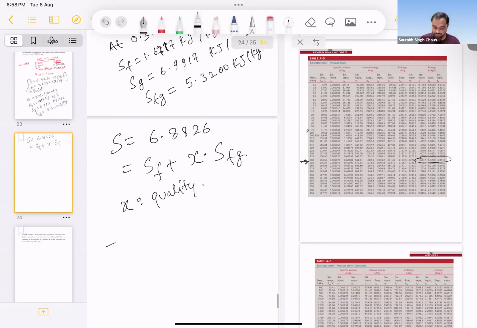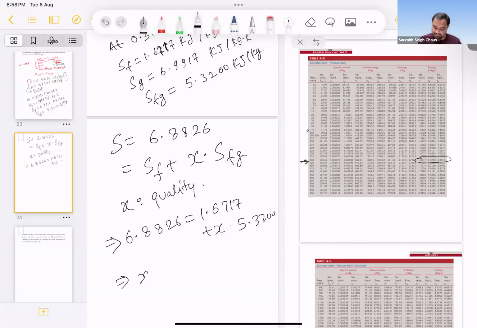If you put these values, 6.8826 is equal to 1.6717 plus x into 5.3200. And if you solve this equation, you can find x, the quality. If you calculate this value, it will come out to be 0.9794. I have already calculated this value; you can calculate it by yourself. So it is 97.94%. This is the quality.